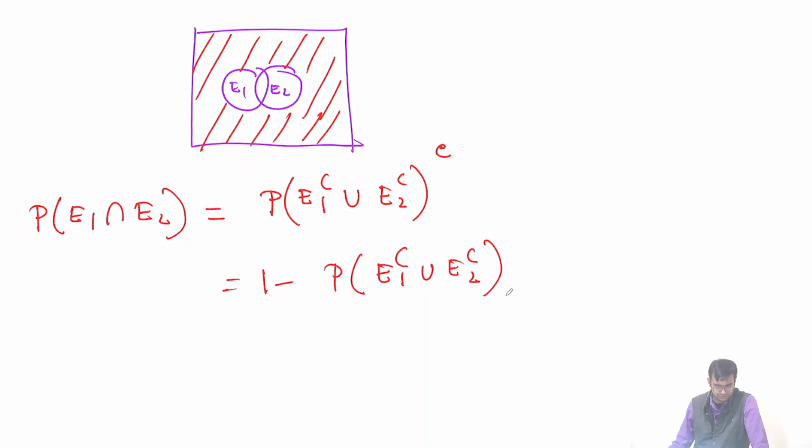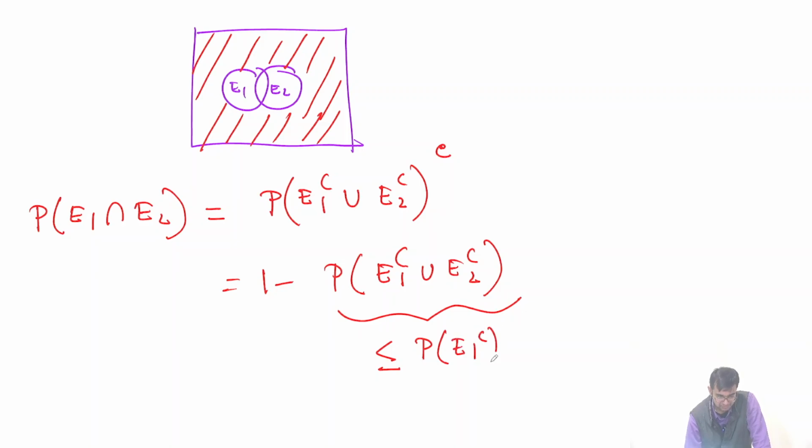Now this one you can extend and write E1, E2, E3 and all of those things, right? Now what is the bound of this? We just now discussed it in the series system. This is less than or equal to the probability of E1 complement plus the probability of E2 complement, right?